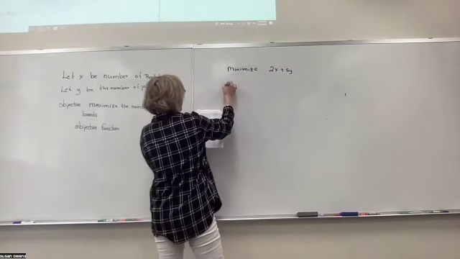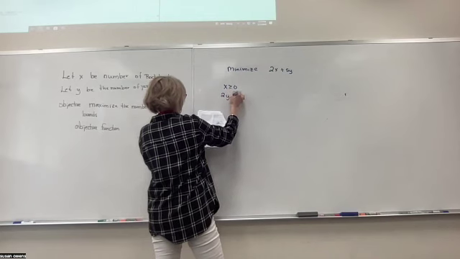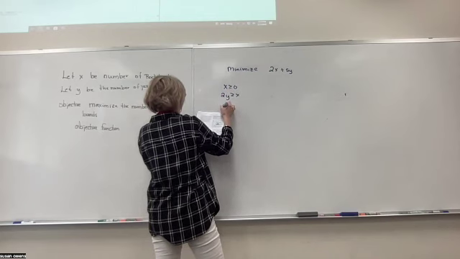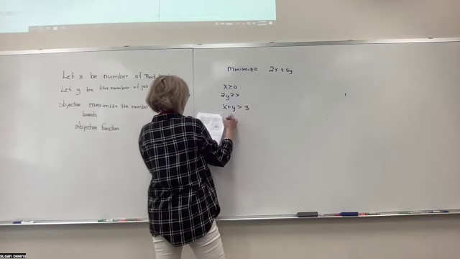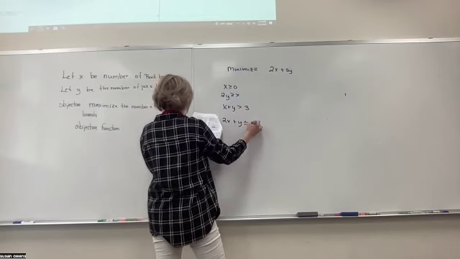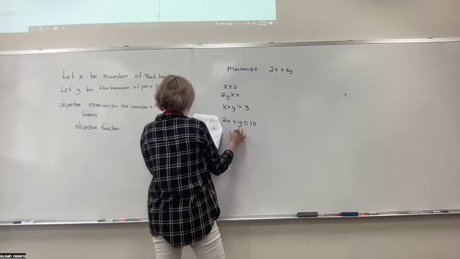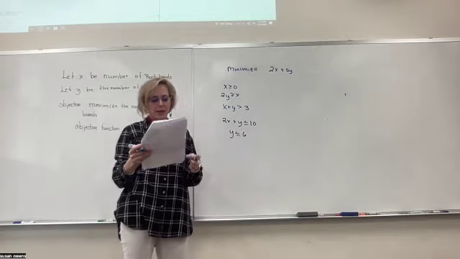And then we have this graph: x is greater than or equal to 0, 2y is greater than or equal to x, x plus y is greater than 3, 2x plus y is less than or equal to 10, and y is less than or equal to 6, okay?